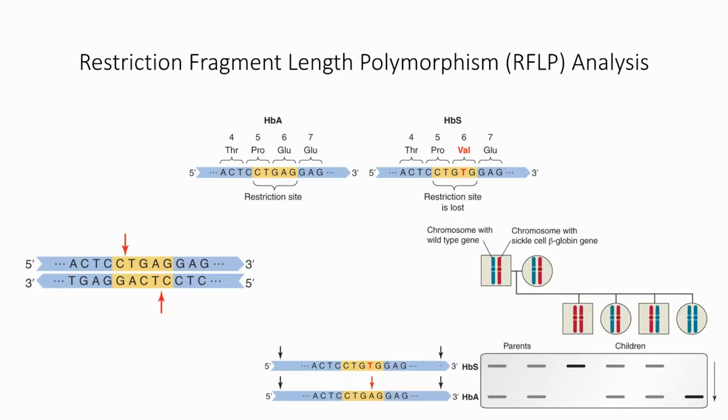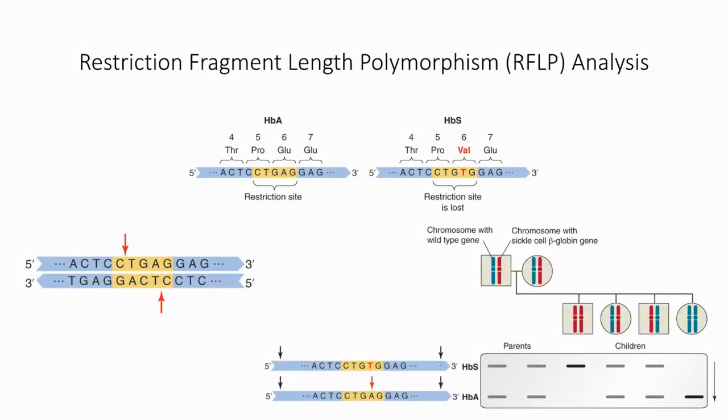Homologous DNA sequence can be detected by the presence of fragments of different length after the digestion of a DNA sample with a specific restriction endonuclease. Okay, that's RFLP.